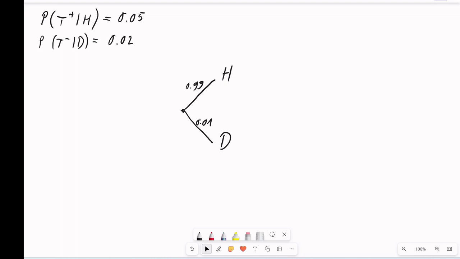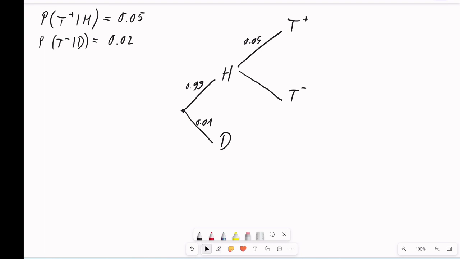And then starting from here, we now apply our test. So we apply our test on the healthy subjects. Here we say the test is positive. Here we say the test is negative. And then we take those numbers that I wrote on the upper left, and we say 0.05 probability of a positive test given the subject was healthy.